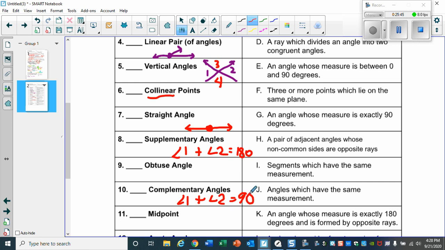Midpoint. So it's an angle whose midpoint is exactly 180 degrees and is formed by, well, no, I'm sorry, I read that wrong. Midpoint is one of the first things we talk about.